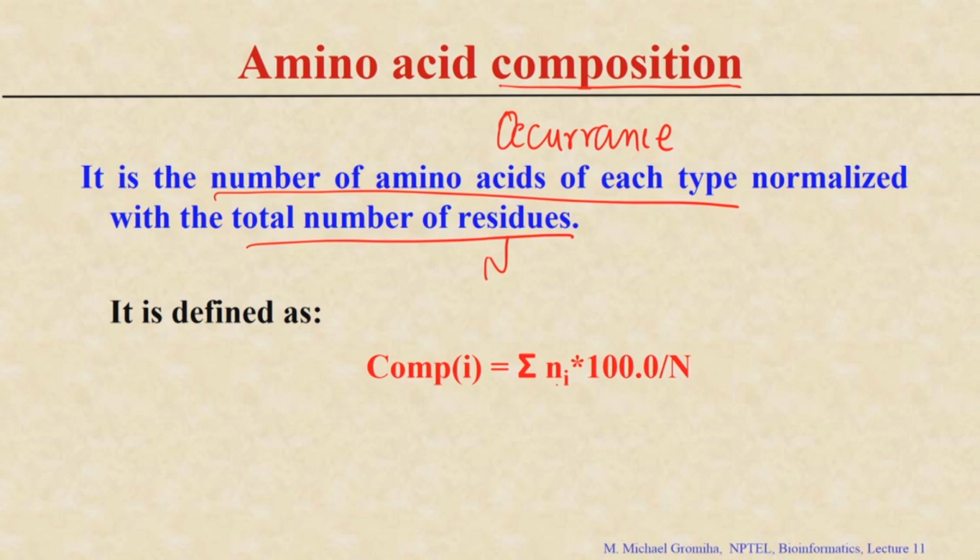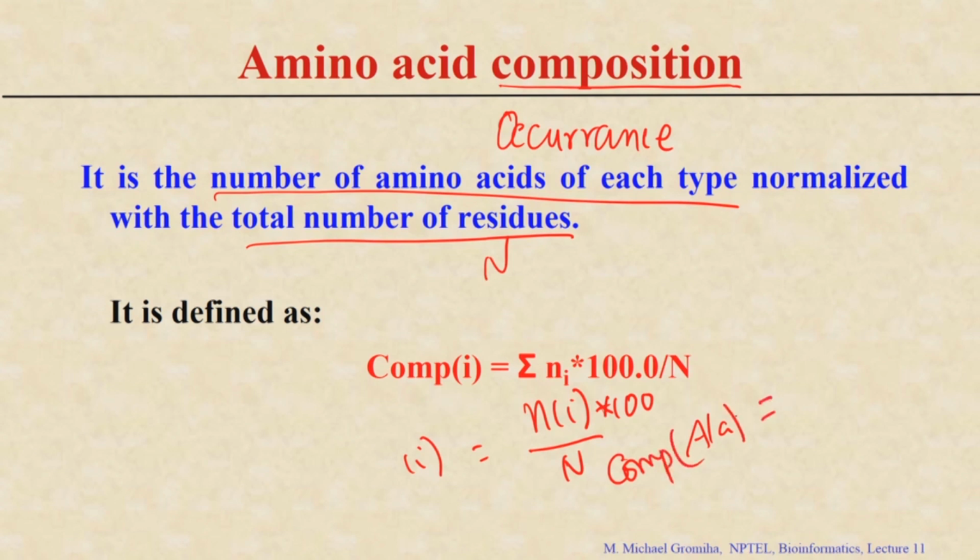For each type I, you count how many times I occurs. n of I multiplied by 100 gives the percentage, divided by n, for any specific residue I. For example, composition of alanine equals the number of alanine in the whole sequence divided by n. If you want the percentage, you multiply by 100. Here I stands for the 20 different residues.